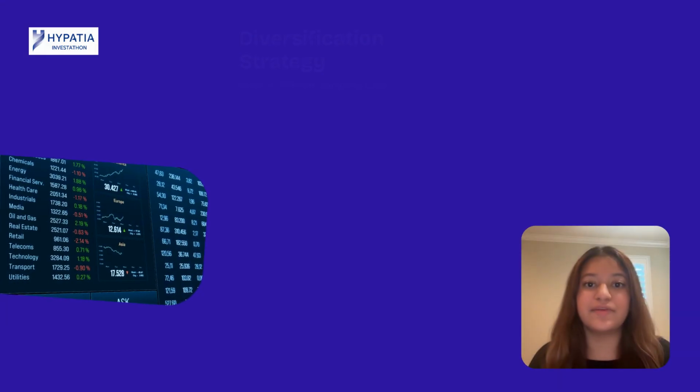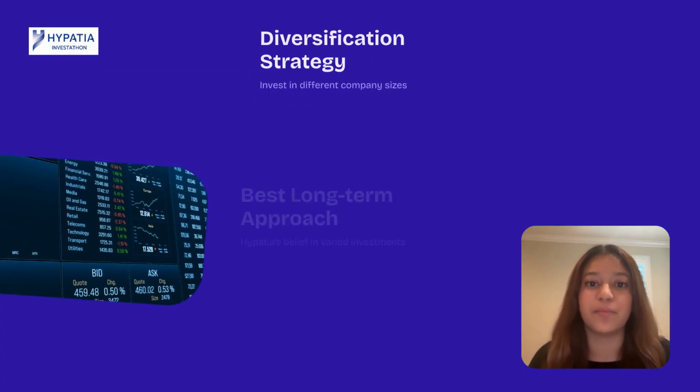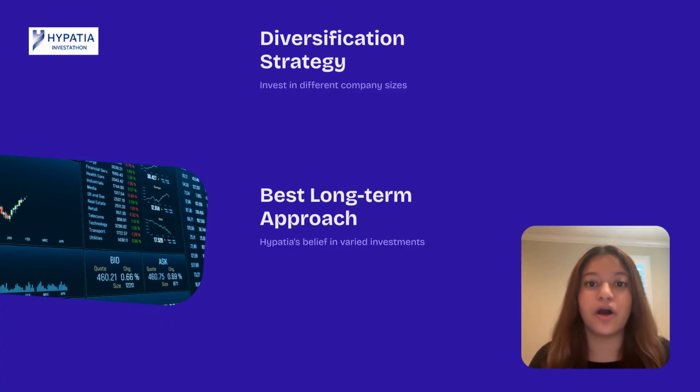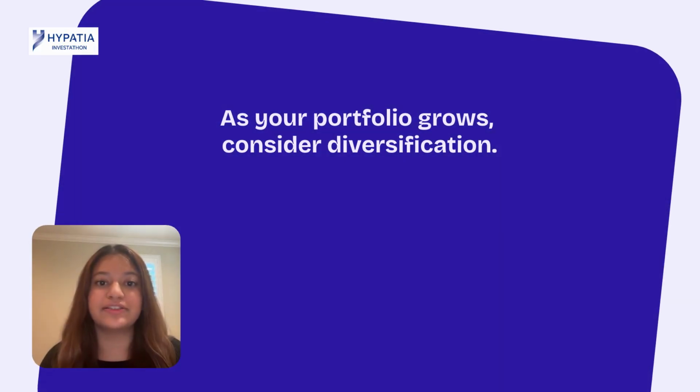But what about different baskets? Hypatia believes a great way to start is to invest in companies of different sizes, small, large, and depending on the size of your portfolio, medium too. As your portfolio grows, you might want to diversify with some international stocks as well.